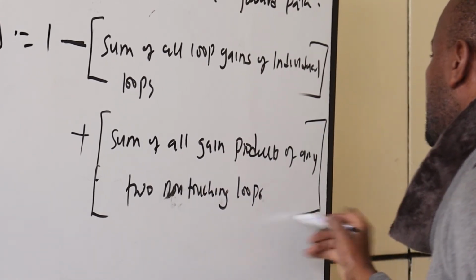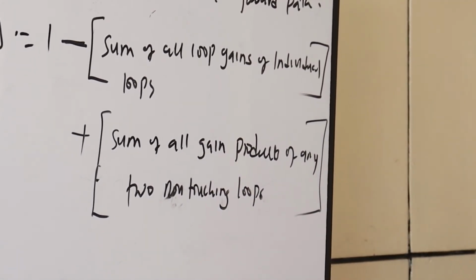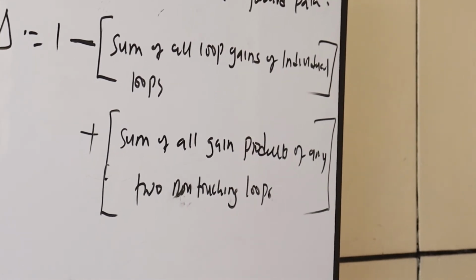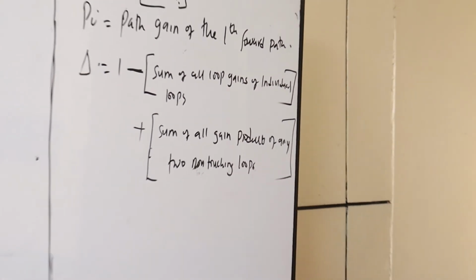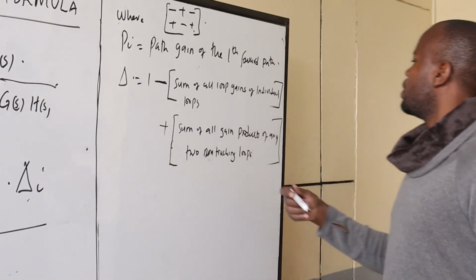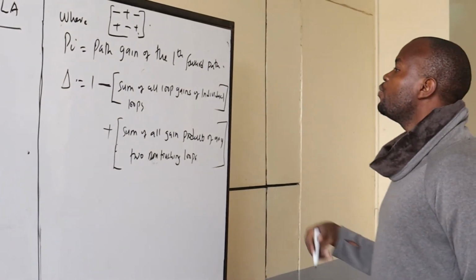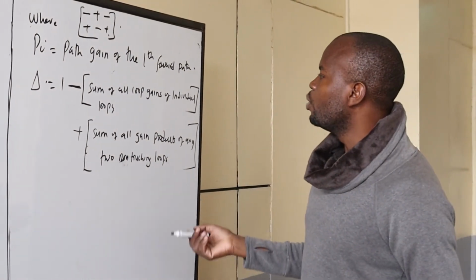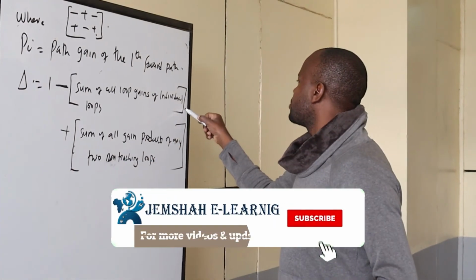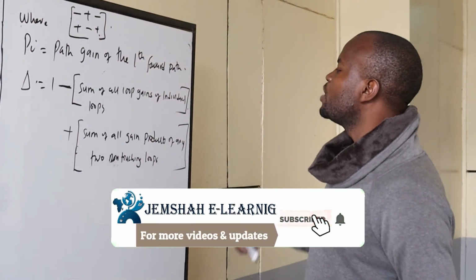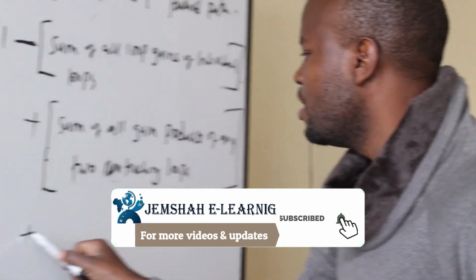So of course, you now add that, and then you go to the next, and that is if you have any two non-touching loops present. If you don't have any two non-touching loops present, then your transfer function will end at that. But if it continues, you can still have 3.